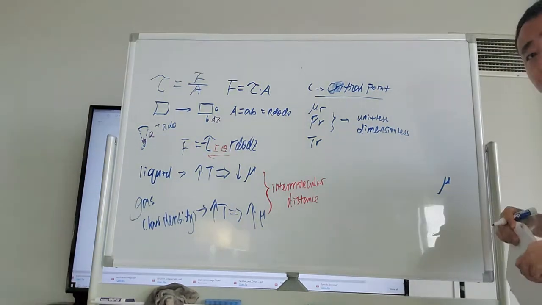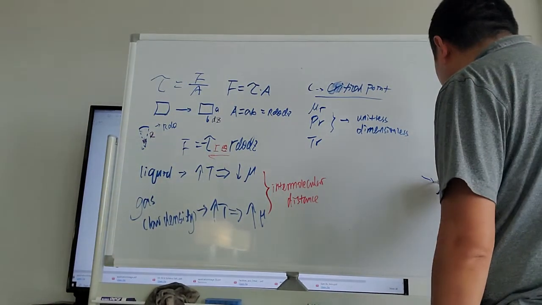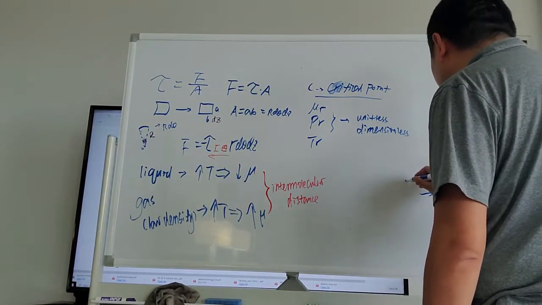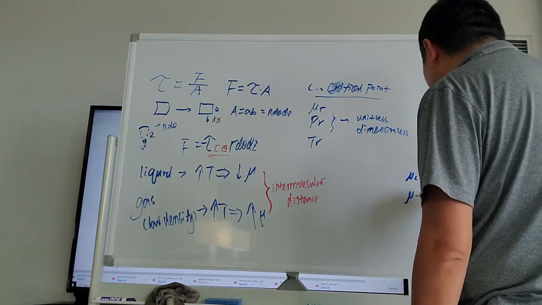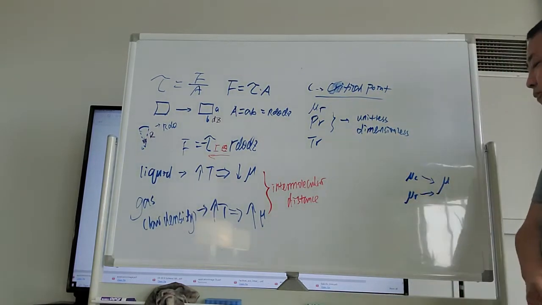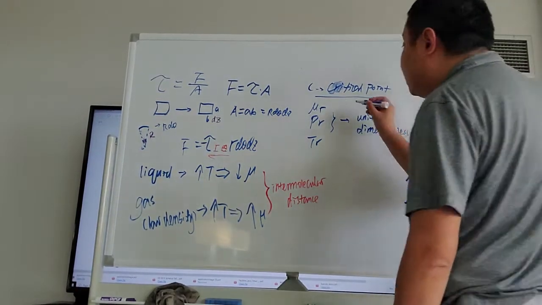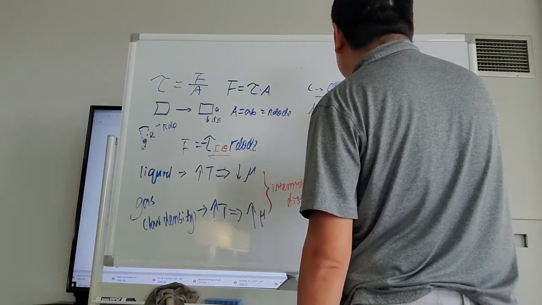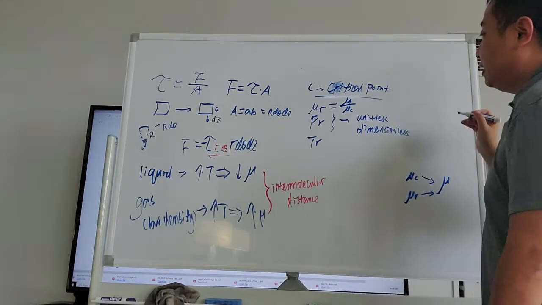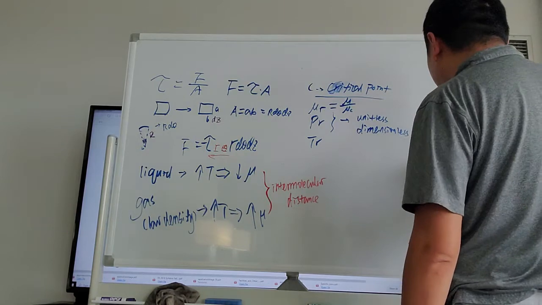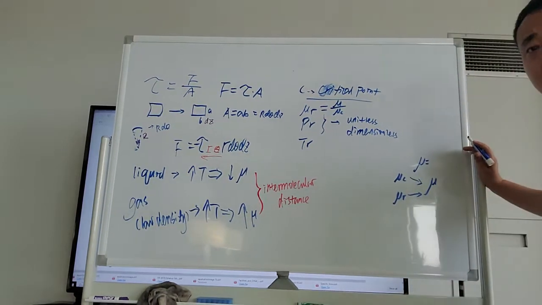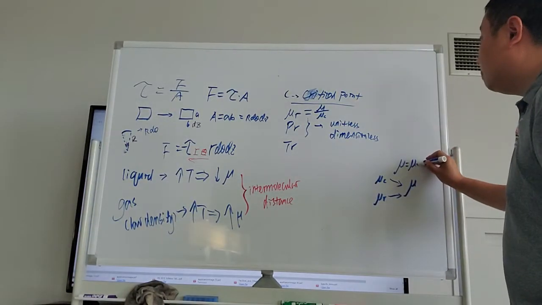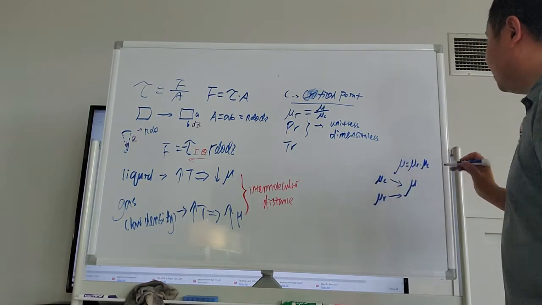So we have to get both MUC and MUR, right? Remember, MUR, reduced viscosity, equals mu divided by MUC. So then we know mu equals MUR multiplied by MUC.